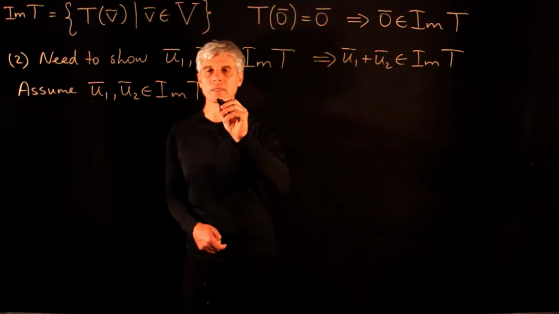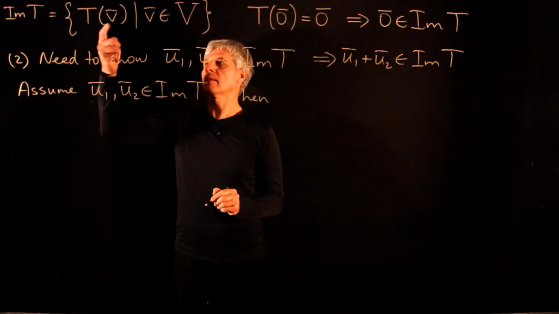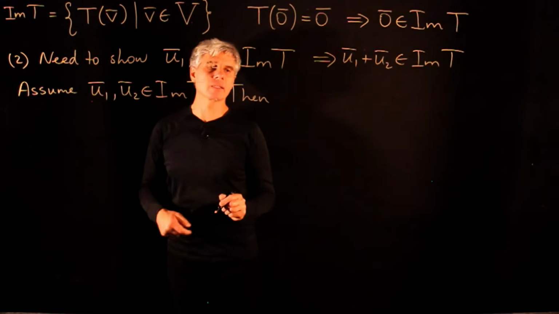This means that each of these vectors may be written as T of something else.